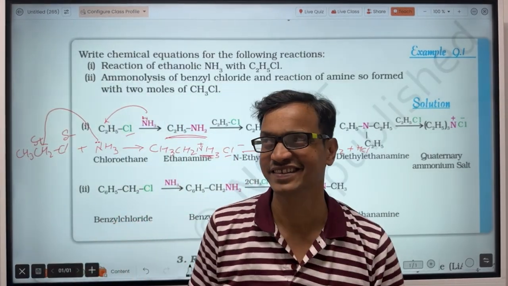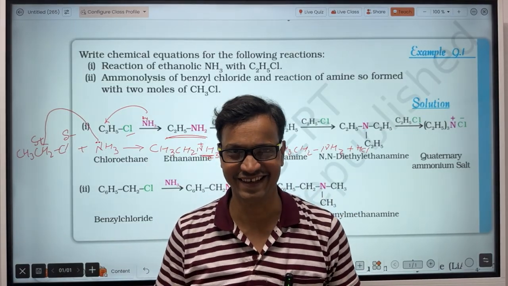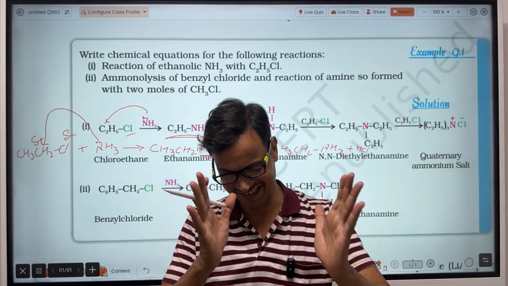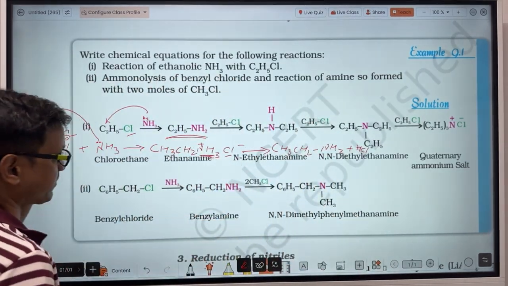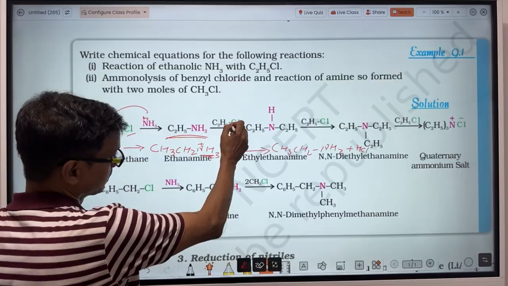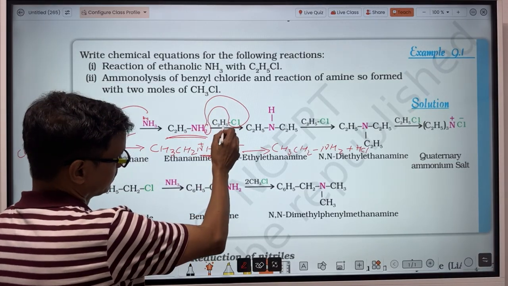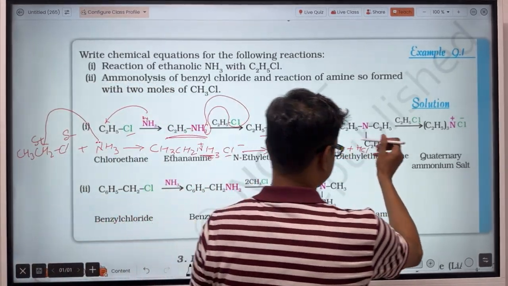Only difference is that in the book the reaction has been written directly, and I did this one stepwise. Then again alkyl halide will react here. So one hydrogen will combine with this chlorine, form HCl. This will combine here, as I did in the same way here.